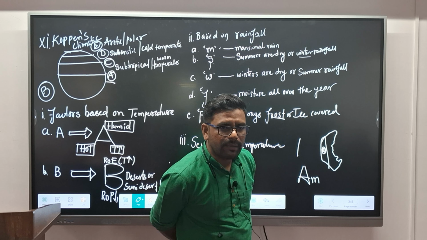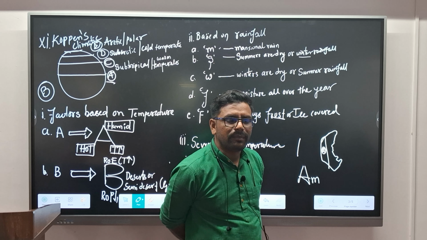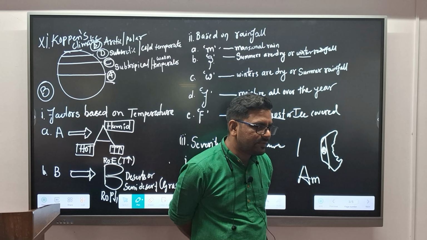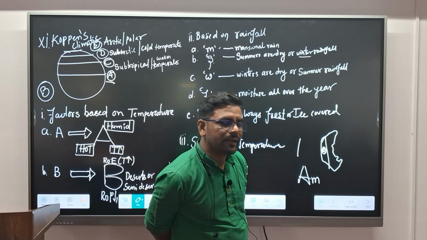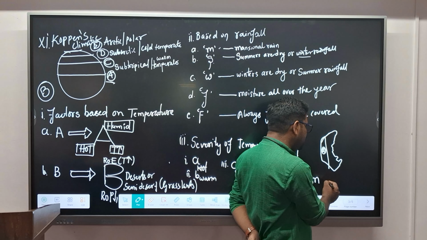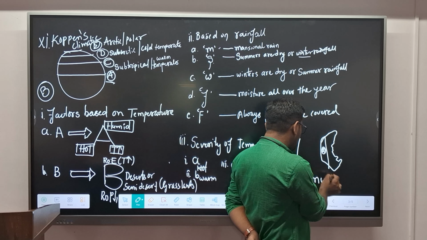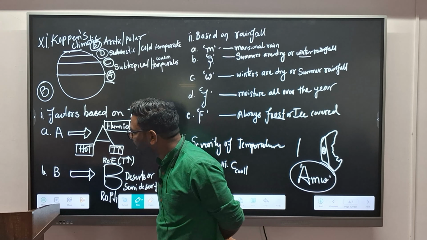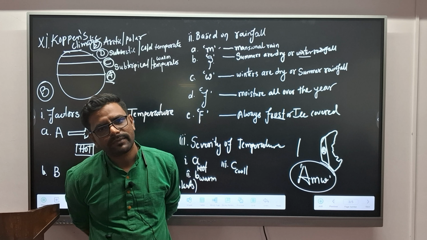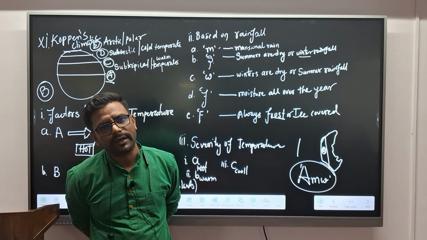Now tell me, the monsoons occur during summer, so summers are wet. Which letter do I need to add here? Small w or capital? This is how we represent Koppen's climatic classification with the help of the available factors. Getting my point?